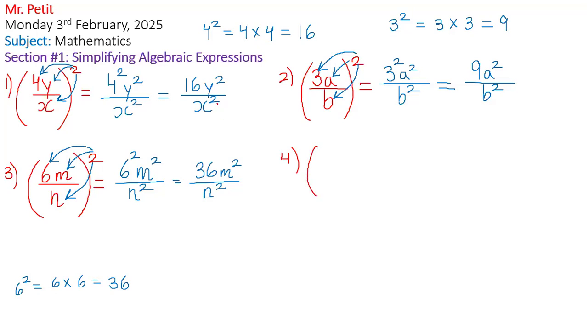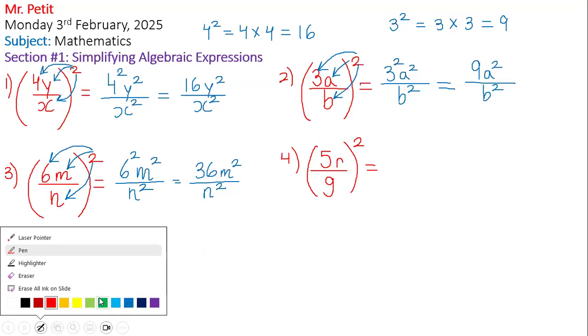All right, so let's do 5. Let's say 5R all over what? Give me a letter. G. Let's use G, squared. So how are we going to get our answer?